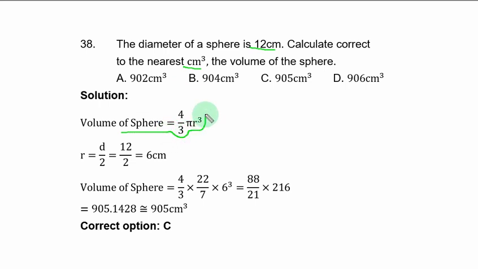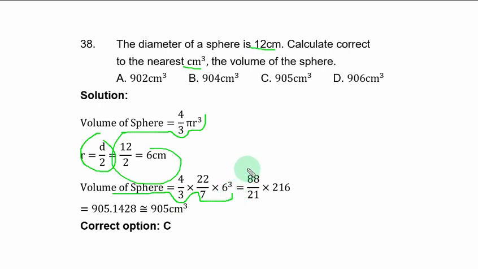We need r, the radius, but in the question you have diameter. Radius is equal to diameter divided by 2. Divide 12 by 2, you have 6. Therefore, the volume is simply equal to 4/3 times the value of pi times radius cube, that is 6 cube.